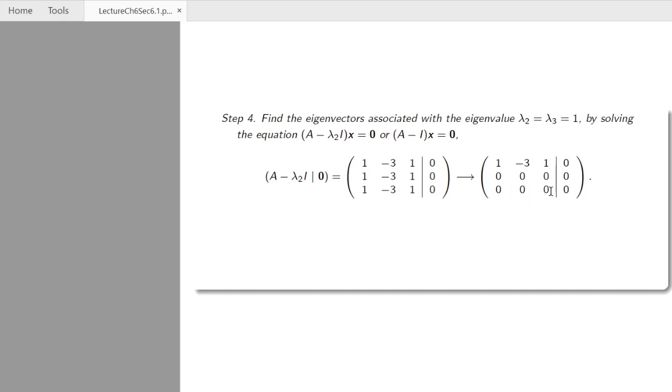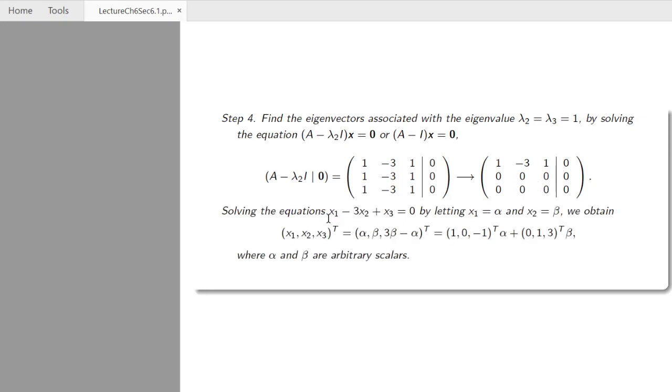So in such a way, after the elementary row operations, the system is now just 1, negative 1, 1 times x1, x2, x3 equals 0. So we just need to solve the equation x1 minus x2 plus x3 equals 0. Here just the equation, not equations. Now, in this case, we have just one equation and 3 variables.